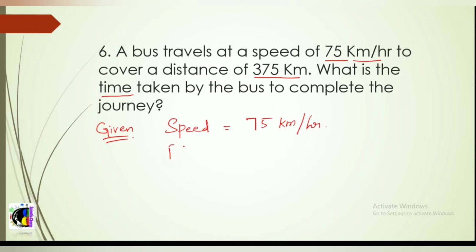And what is the distance? The distance is equal to 375 km. Now what have they asked us to find? They have asked us to find the time taken by the bus.